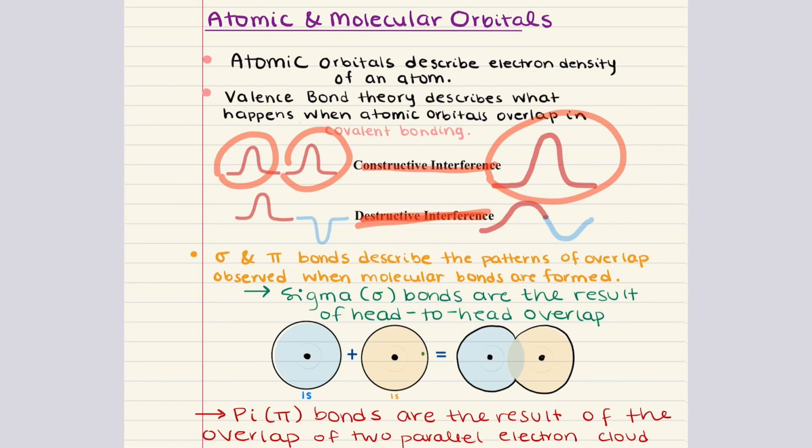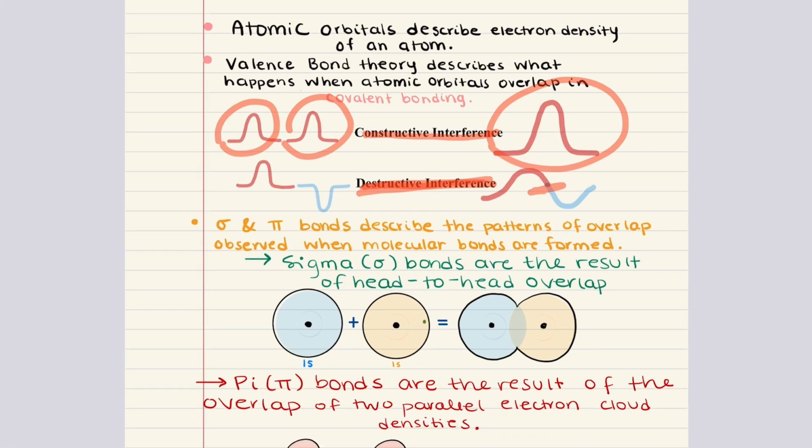Destructive interference is when electron waves are out of phase, and when they interact, they produce a node. This is a region where the probability of finding an electron is 0, and this leads to an anti-bonding orbital. And so, in short, valence bond theory states that bonds result from constructive interference of electron waves.